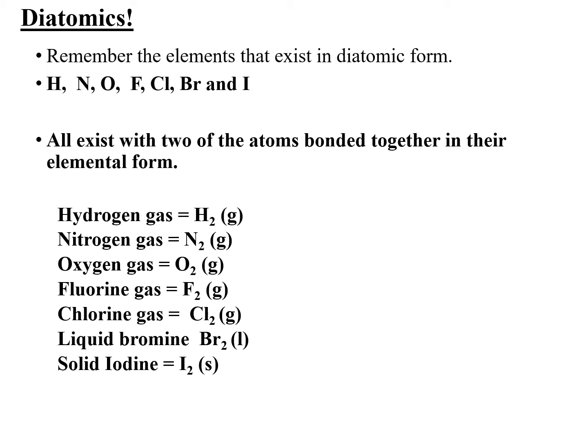Okay, so diatomics. Anytime you see hydrogen gas written, nitrogen gas, oxygen, fluorine, chlorine, bromine, or iodine, make sure to write those with a subscript of 2 because they exist with 2 atoms bonded together in their elemental form. So we have to keep that in the back of our minds when we're writing products.